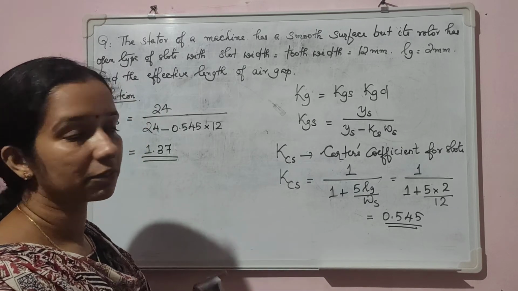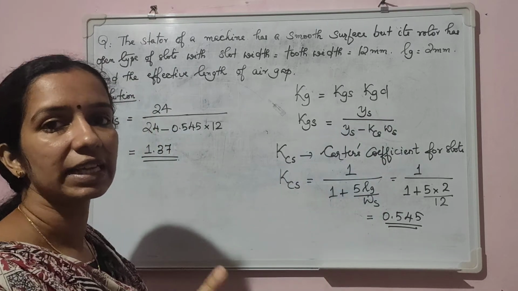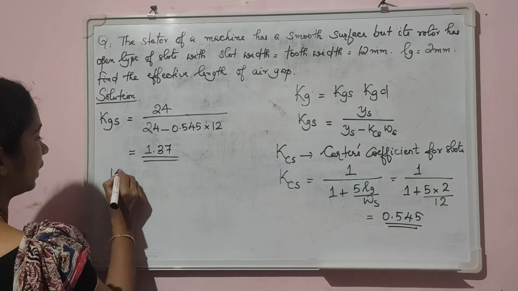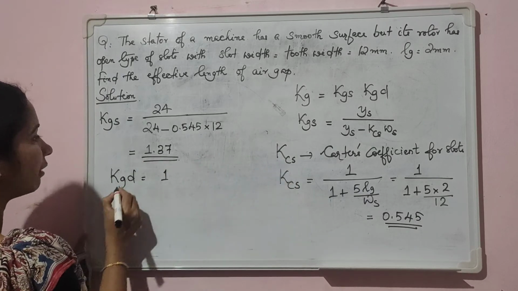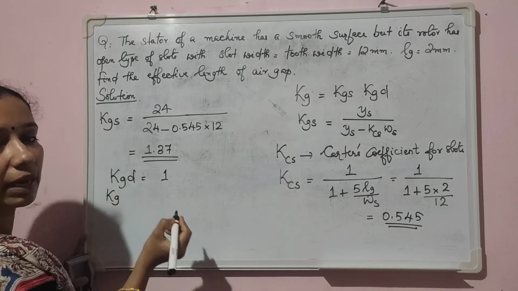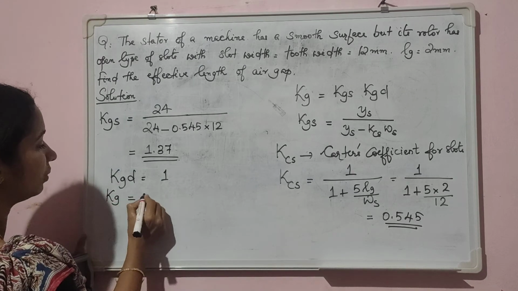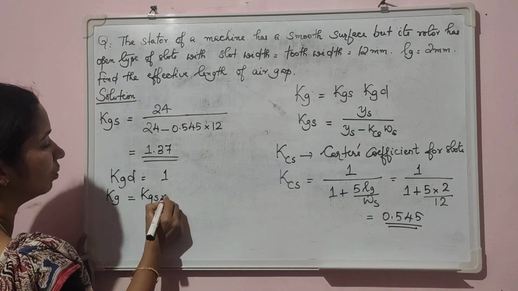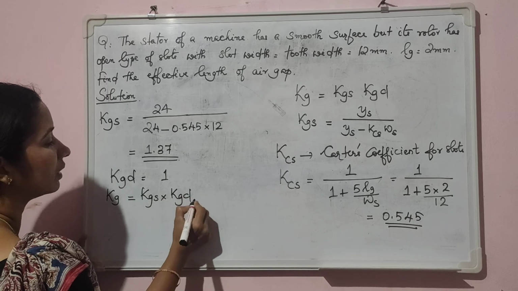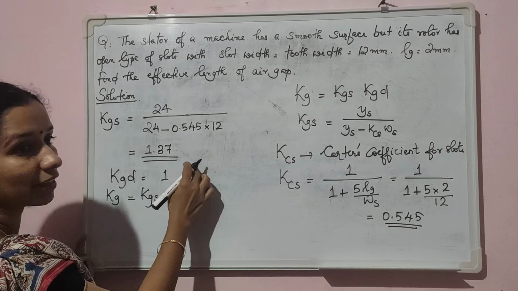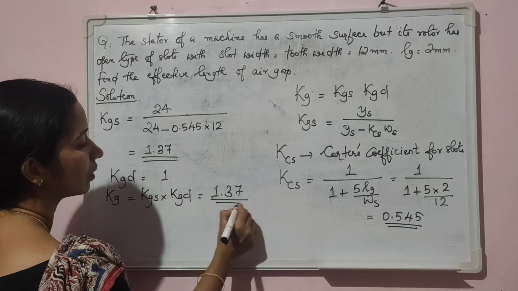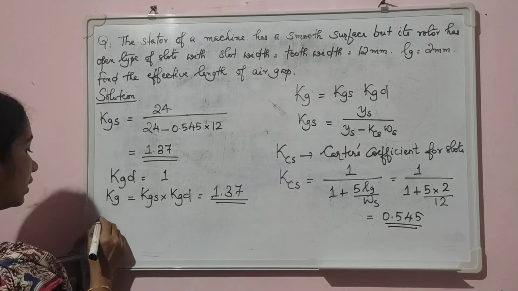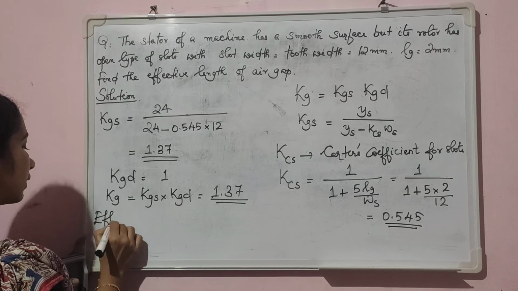So in that case, we can take kgd as 1. So we will get kg, the total gap contraction factor, as equal to kgs into kgd, which is equal to 1.37 into 1, that is 1.37 itself. Now our question is the effective gap length.